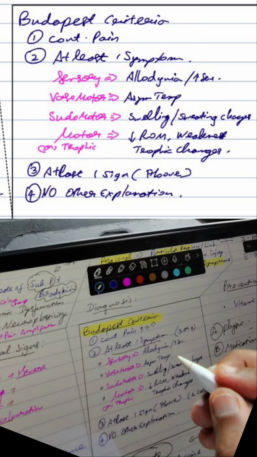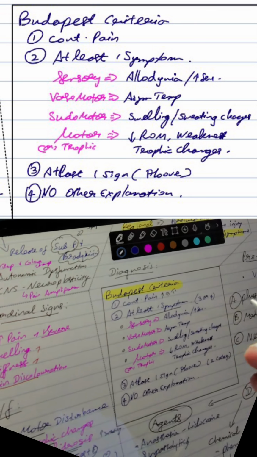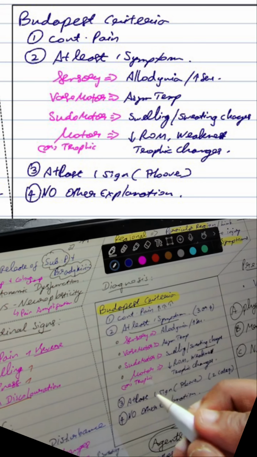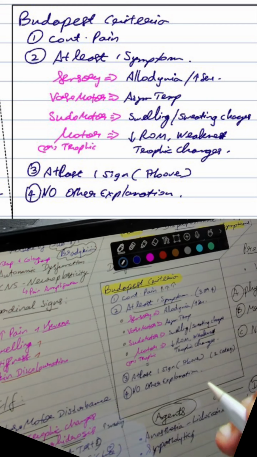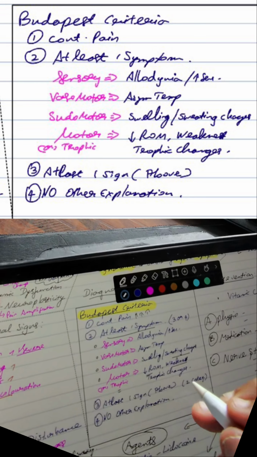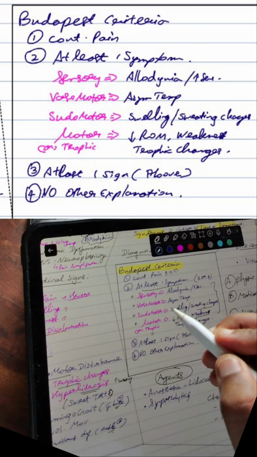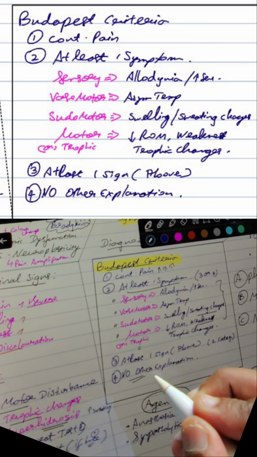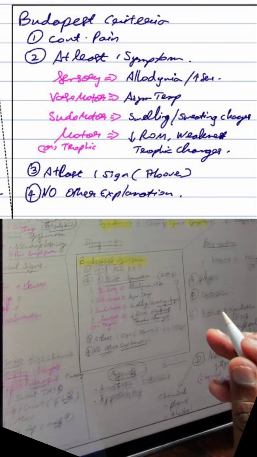Sensory, that is allodynia, increased sensation; vasomotor, that is asymmetry of temperature between the two limbs; pseudomotor, that is swelling and sweat changes; motor or trophic changes, that is decreased range of motion and weakness. And at least one sign in each of these categories, that is sensory, vasomotor, pseudomotor and motor. The fourth criterion is no other explanation for this particular pain.